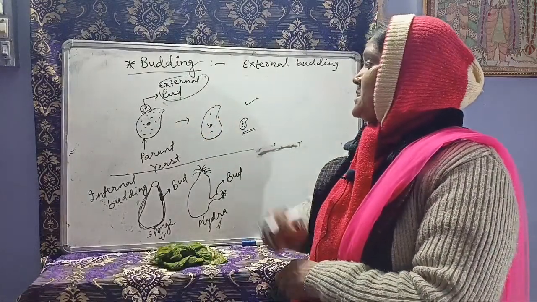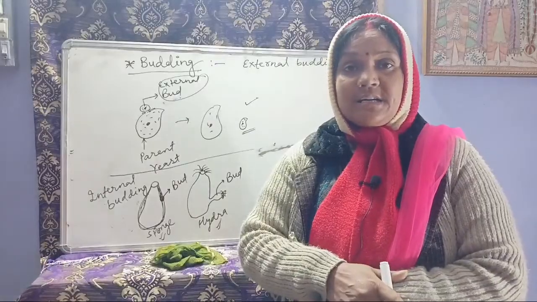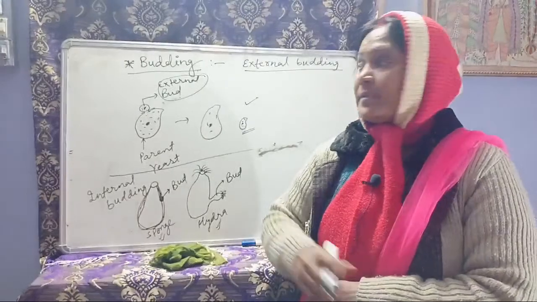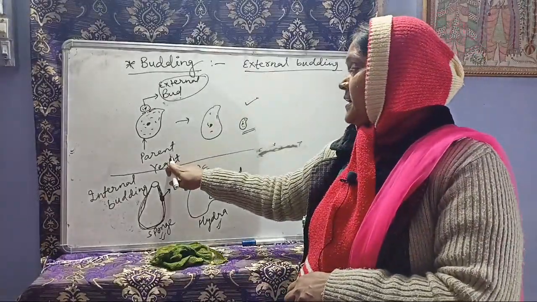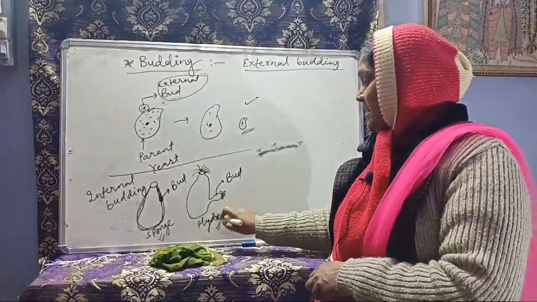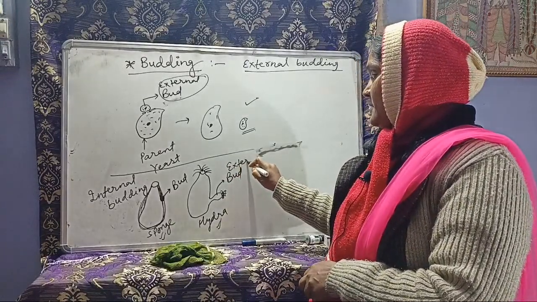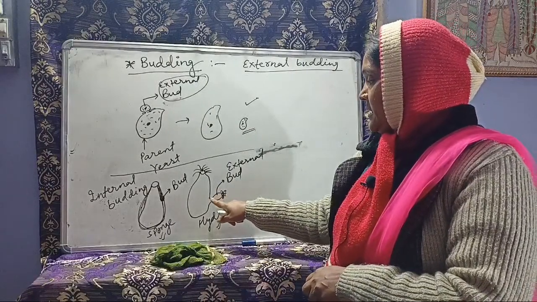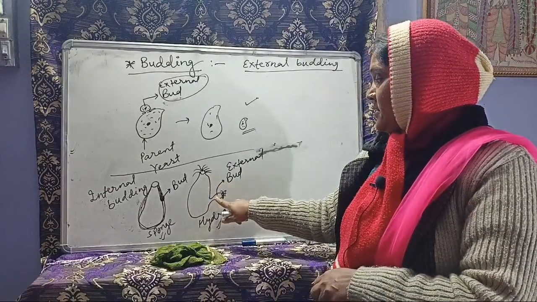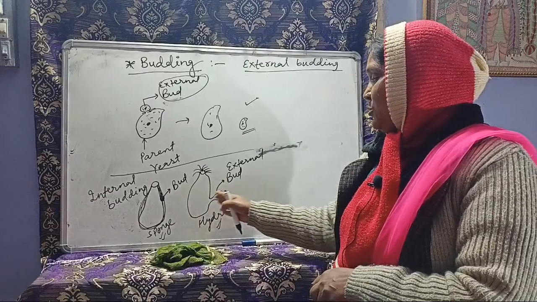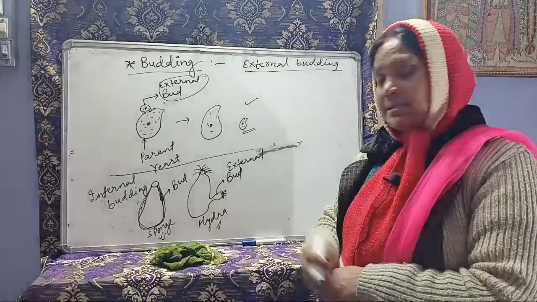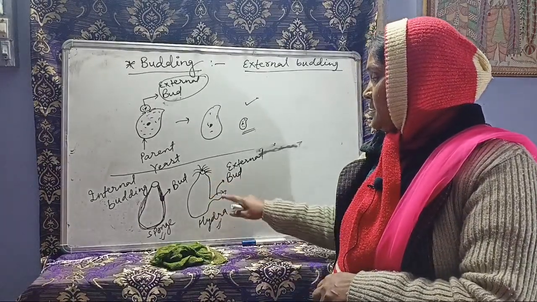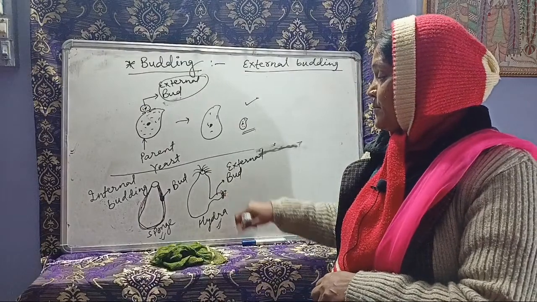When young ones are obtained through external buds, this method is external budding. External budding takes place in yeast and also in hydra. In hydra, the bud is an outgrowth from the parental body wall, hence it is an external bud.